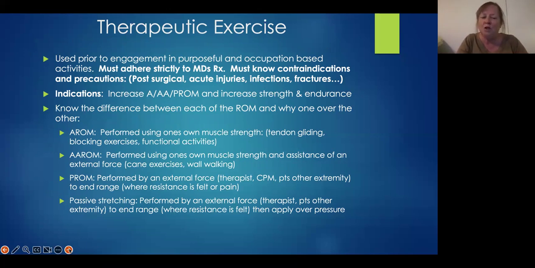You must know your contraindications and precautions. Like a post-surgical patient, are you allowed to do active range of motion, or is it strictly passive range of motion? Somebody who has an acute injury or infections, are you allowed to do exercise with them? Fractures, is it too early to begin moving them? So you need to be aware of any precautions or contraindications.